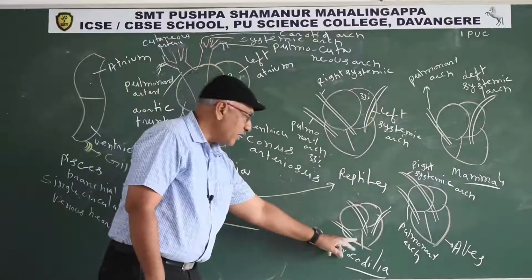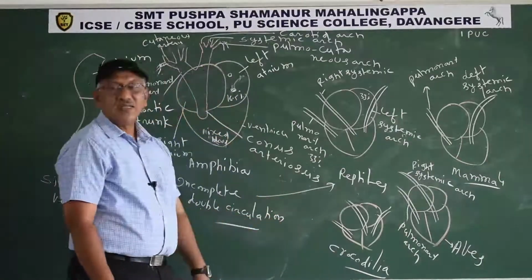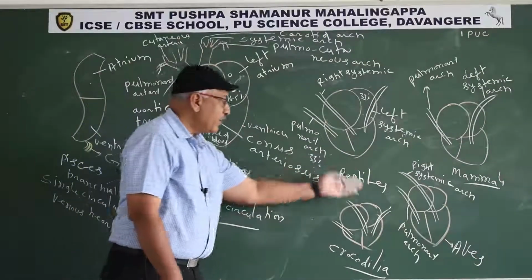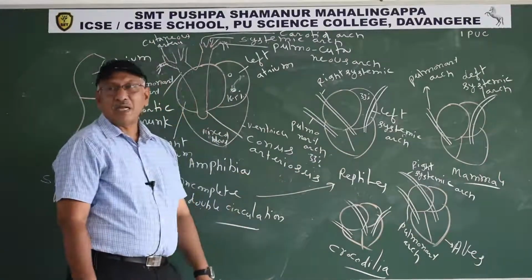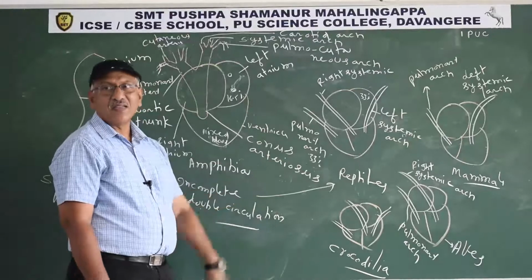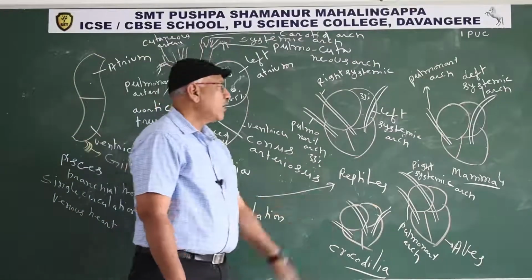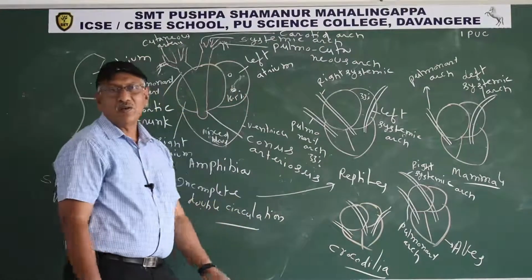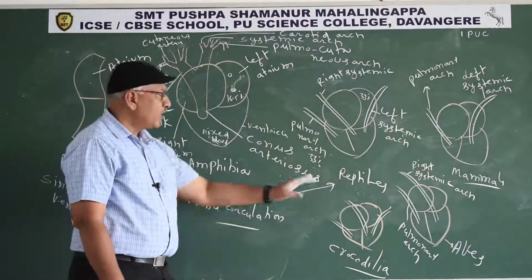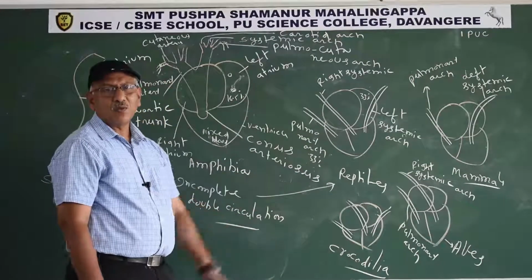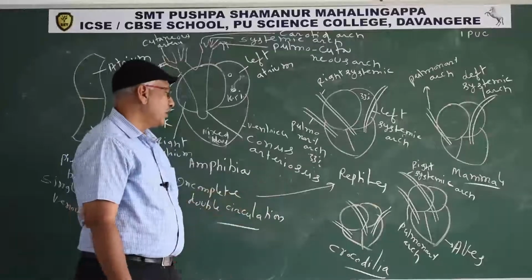One time blood enters into right chambers as deoxygenated blood. Second time blood enters into left chambers of heart as oxygenated. So what is double circulation? If blood enters into heart twice before it is circulated to various parts of the body, it is known as double circulation.